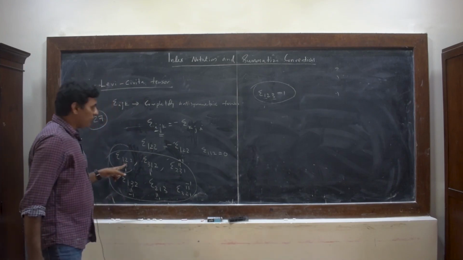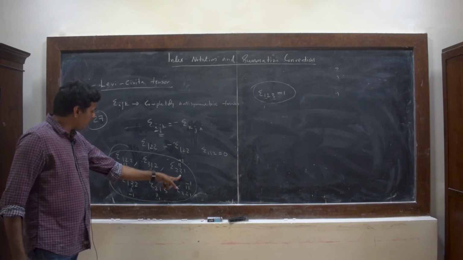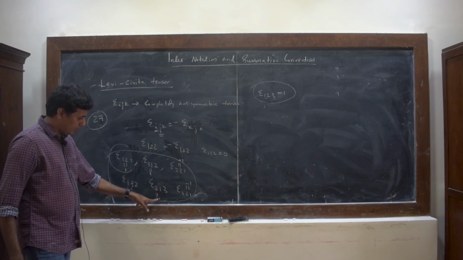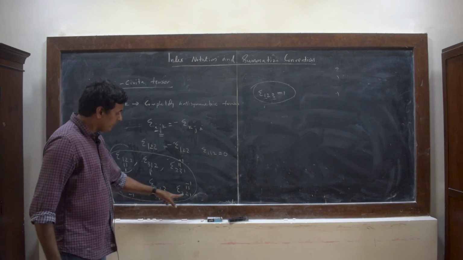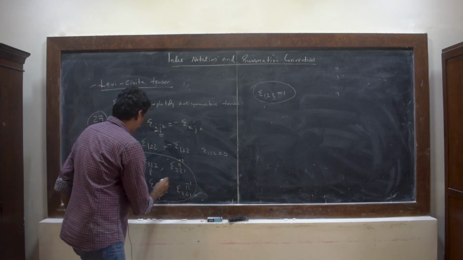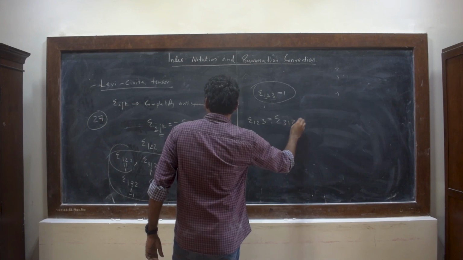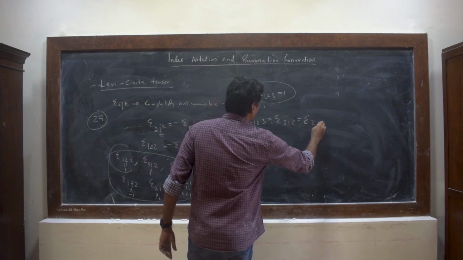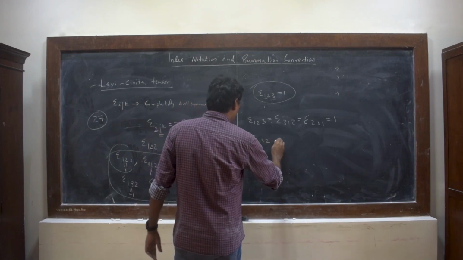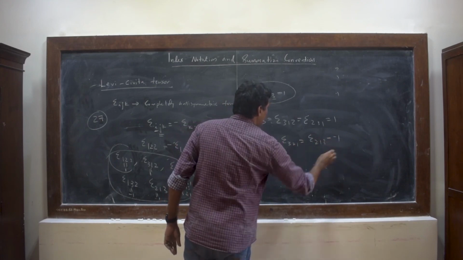So if I fix epsilon 123 as 1, then epsilon 312 is 1, epsilon 231 is 1, and epsilon 132 is minus 1, epsilon 213 is again minus 1, epsilon 321 is also minus 1. So epsilon 123 equal to epsilon 312 equal to epsilon 231 equal to 1, and epsilon 132 equal to epsilon 321 equal to epsilon 213 is equal to minus 1.